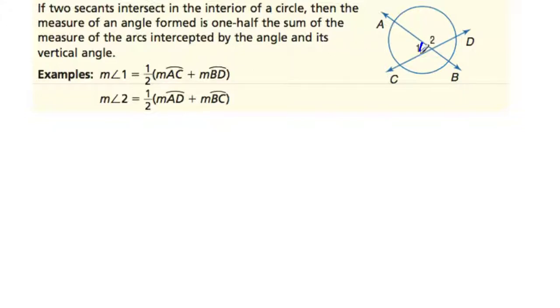Angle 1 is equal to 1/2 of AC, plus BD. Angle 2 is 1/2 of AD plus BC. We add these two arcs together, divide by 2, and get angle 1.